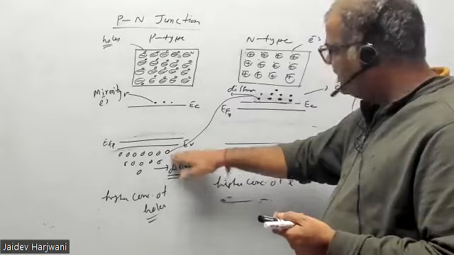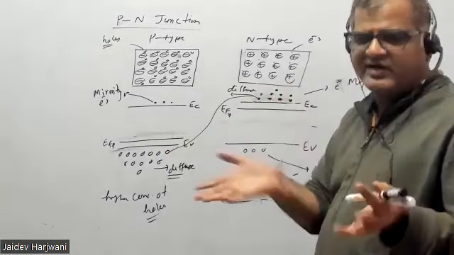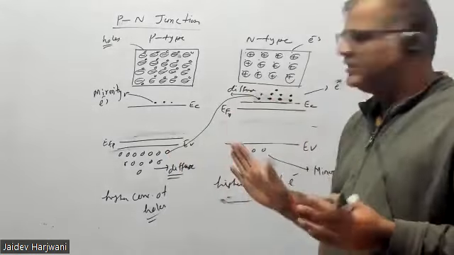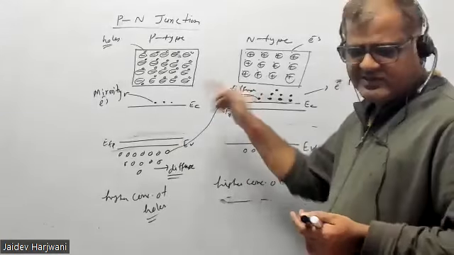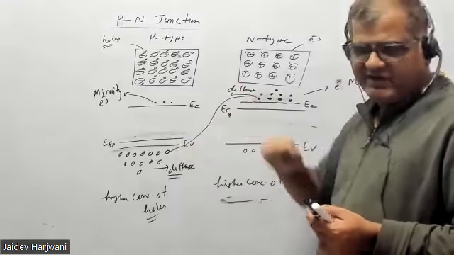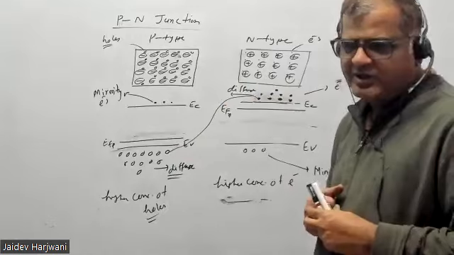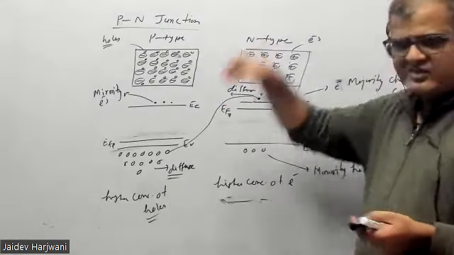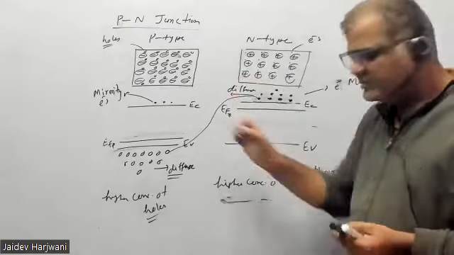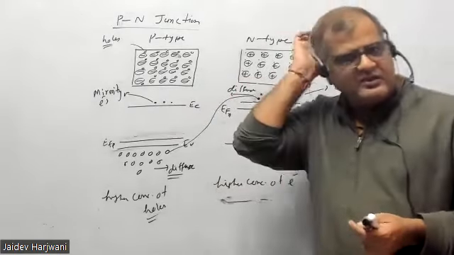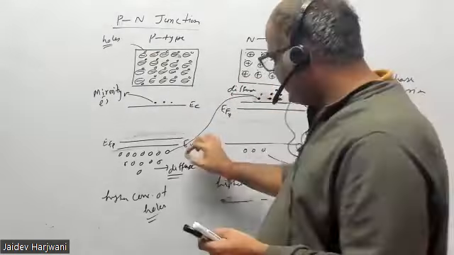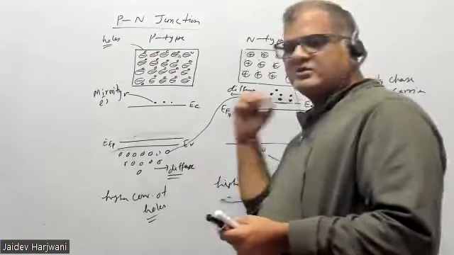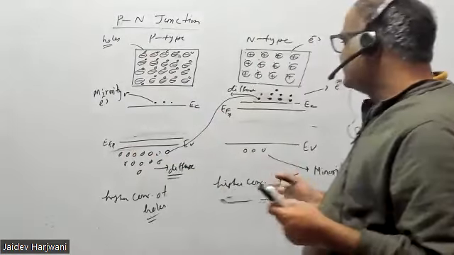Actually, only electrons are moving, but when an electron combines with a hole, one hole is consumed, so we say holes are also moving. In reality, holes cannot move. Only an electron can jump from one hole to another hole, so it appears that way. When an electron comes here, you say the hole is moving.